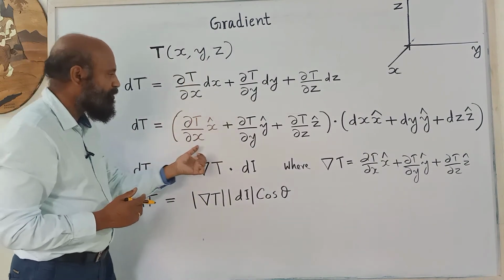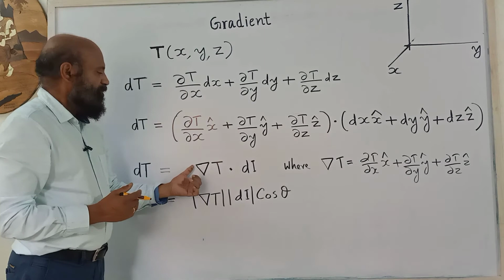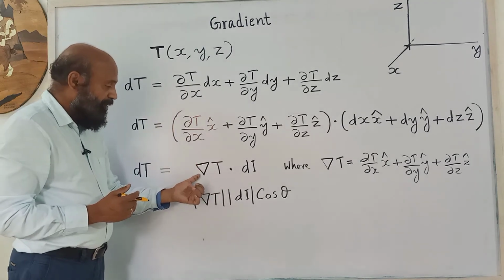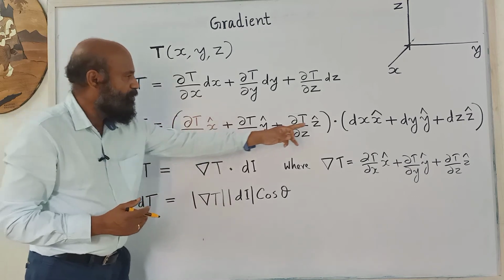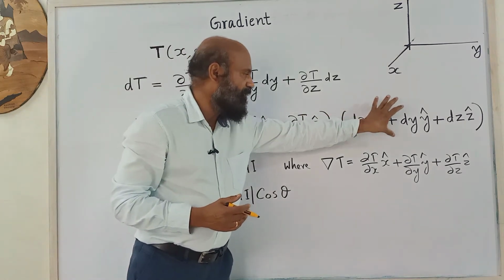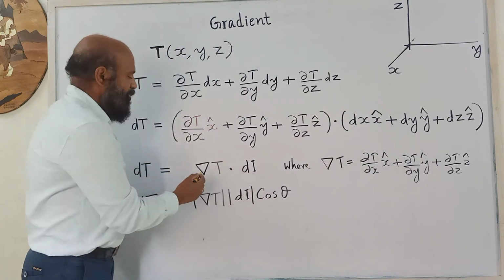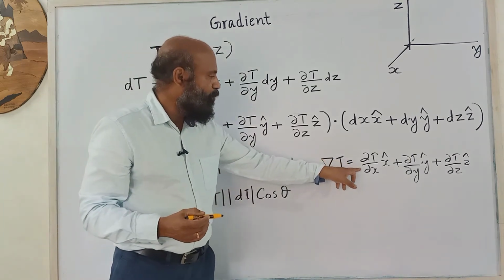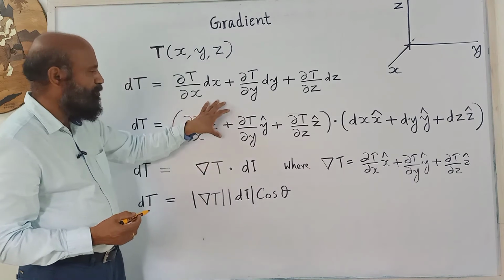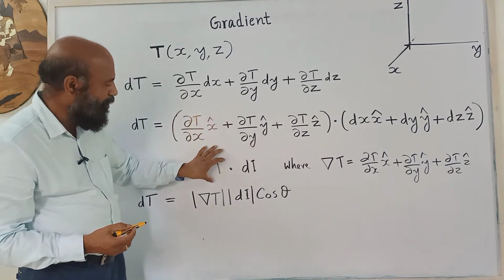Now for this we can write del T, that is the gradient. This is an operator, del T, then dot dl, another vector. For this we are writing like this.